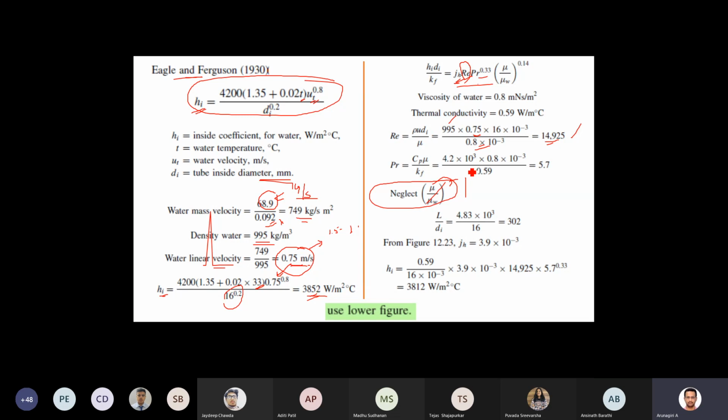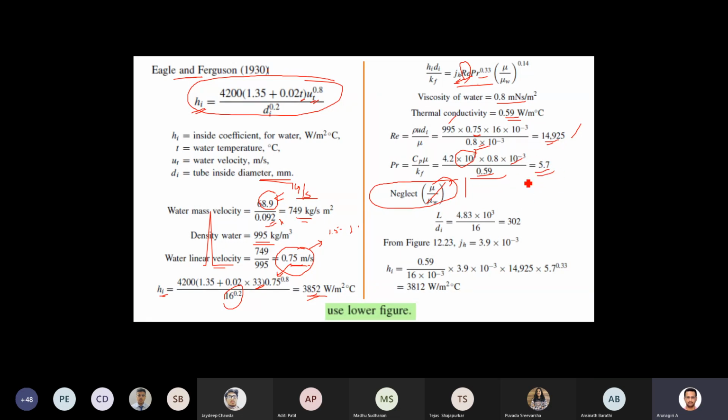Then calculate the Prandtl number, 4.2 into 10 power 3. This is unit conversion, kilojoule converted into joule. Then viscosity is 0.8 millinewton, 10 power minus 3 newton second per meter square. Thermal conductivity of water is 0.59. You have to remember the thermal conductivity of water, 0.6, 0.62, 0.58, whatever it may be; approximately it's 0.6 at atmospheric temperature. So the Prandtl number value you should know.